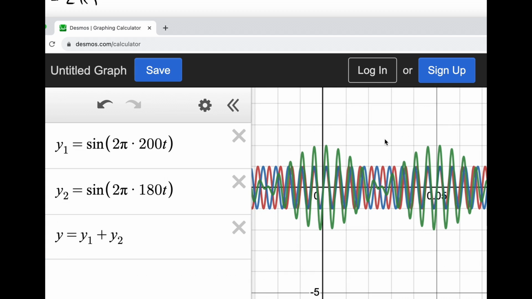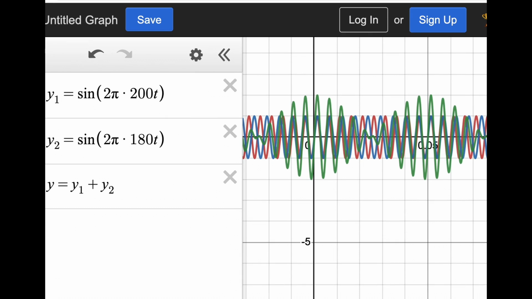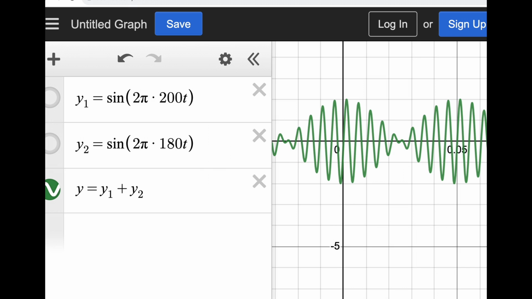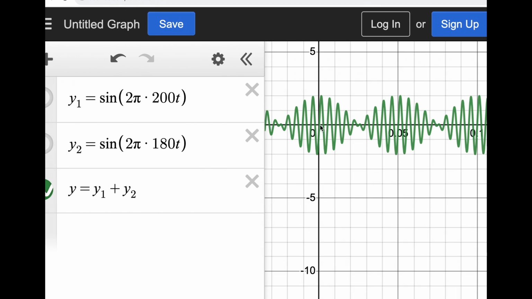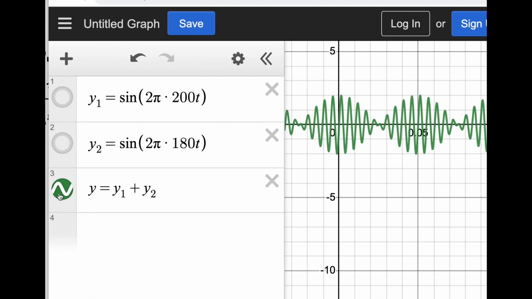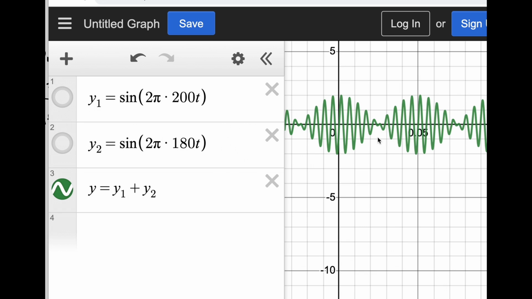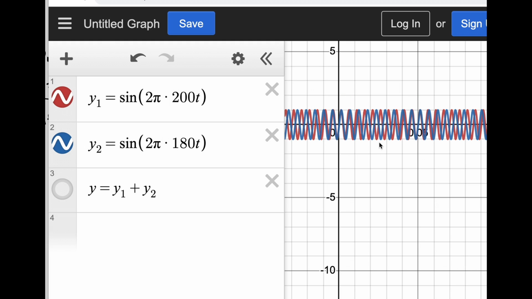The green represents the sum of the two waves, and if we hide the old waves, we can see the pattern that is created. We see constructive interference at times when the original waves were in phase, so that would be here. And we see destructive interference when the waves were 180 degrees out of phase. That would be here.